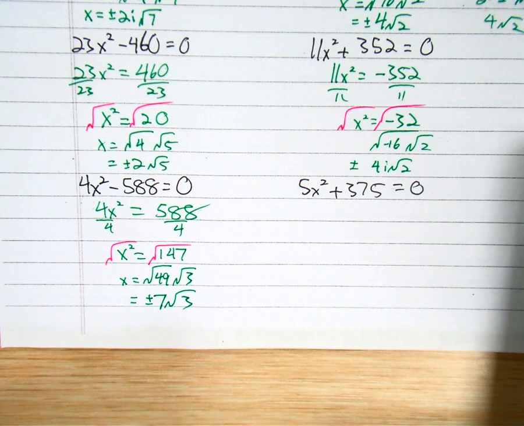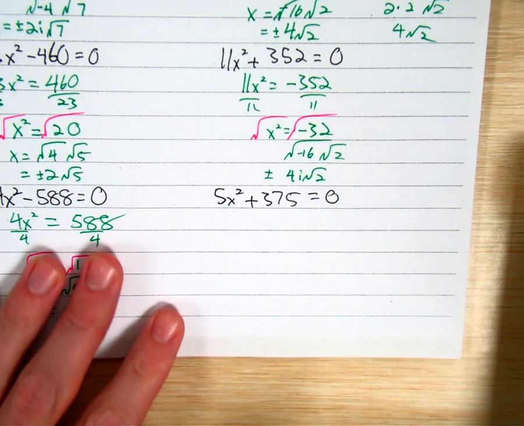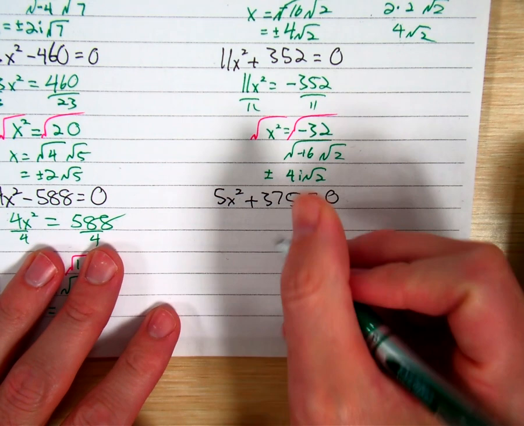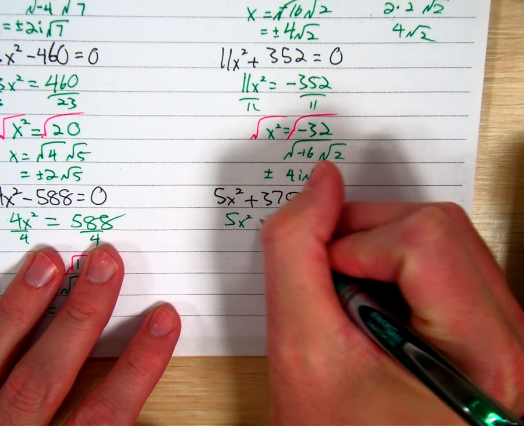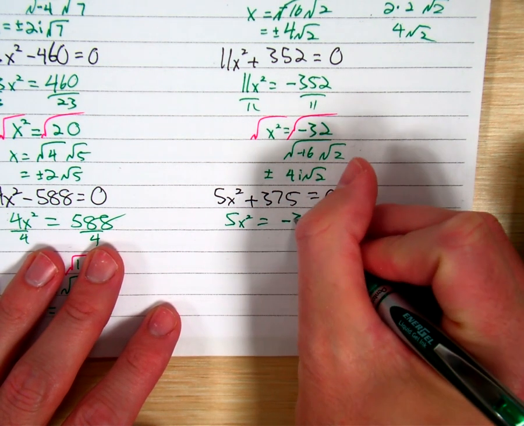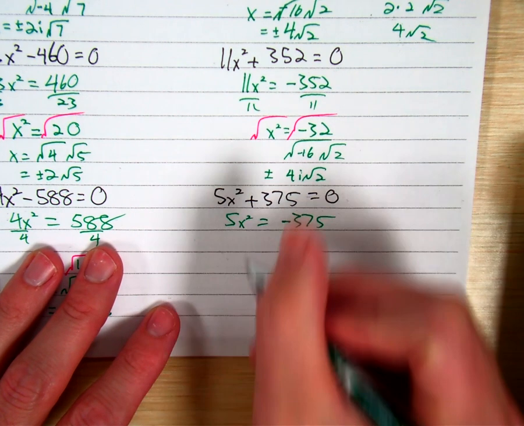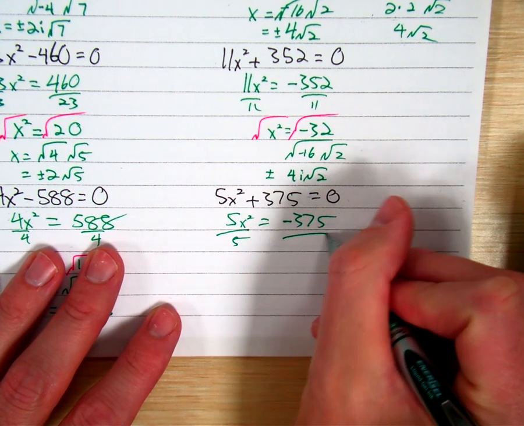All right, last one. Finish her up. Let's see how you do. Good luck and go get it. Okie dokie. We're going to subtract the 375, excuse me. Divide by 5.